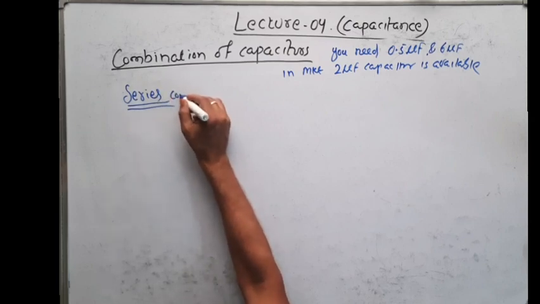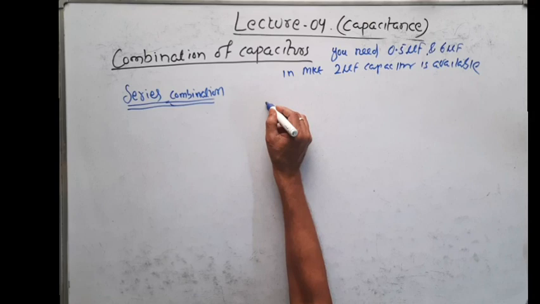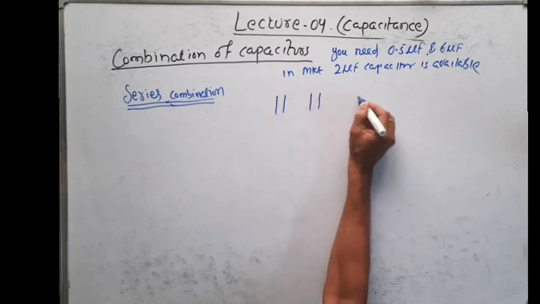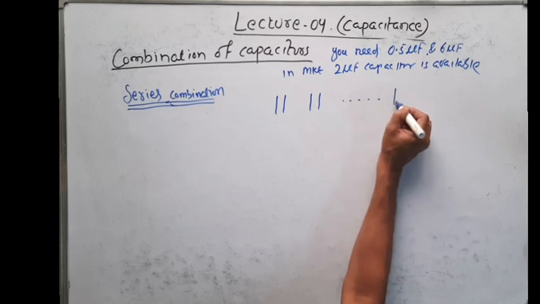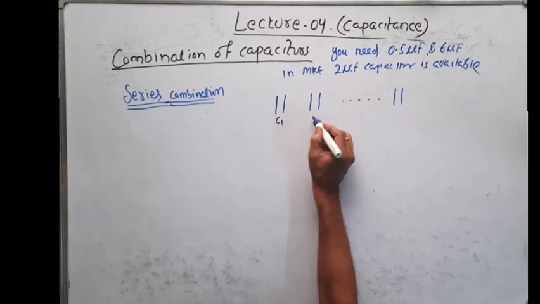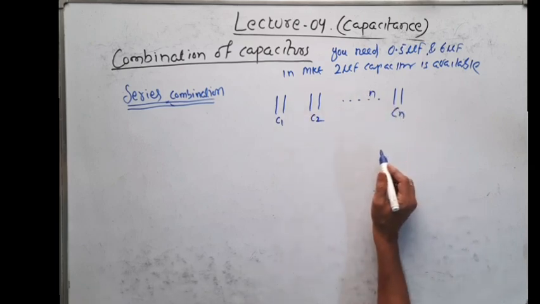Series combination of capacitors. Suppose I take n number of parallel plate capacitors. The first capacitor has capacitance C1, this is C2, up to n number of capacitors.